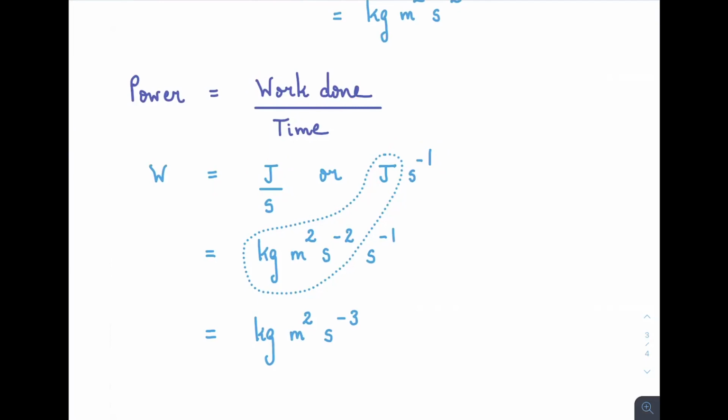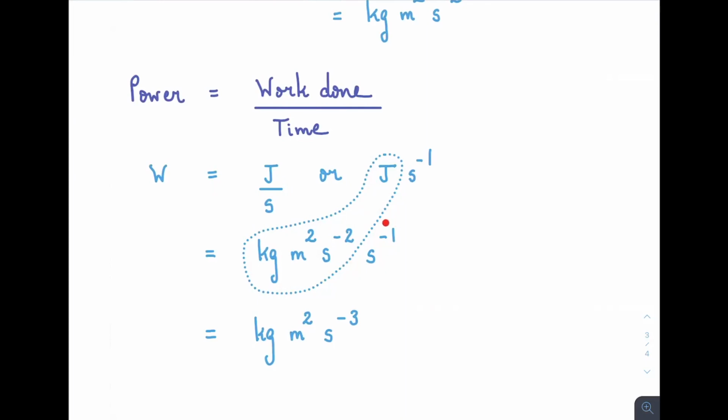Now we have already found the equivalent base units for the joule, which is kilogram meter squared second minus 2, multiplied by second to the -1. Now when we have second to the -2 multiplied by second to the -1, we simply add the powers.